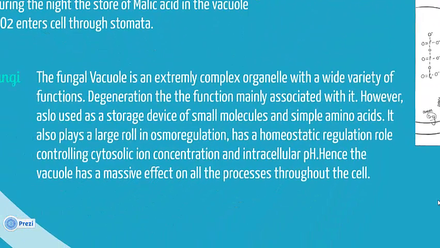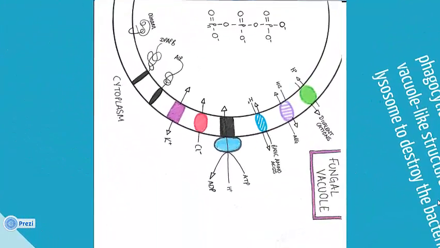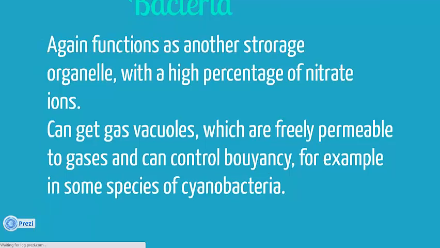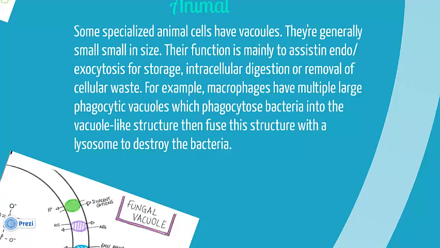For fungi, vacuoles have a wide variety of functions, including storage of small molecules and a role in osmoregulation. For bacteria, within bacteria, vacuoles mainly act as a storage area, and gas vacuoles are also present to help control buoyancy. Finally, we move on to animal cells.